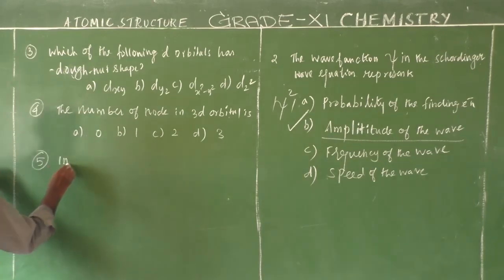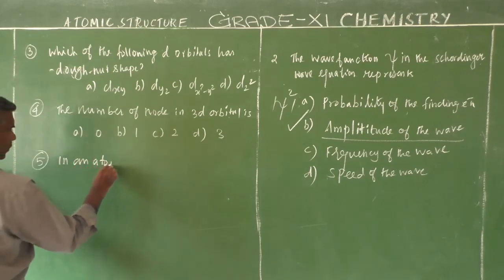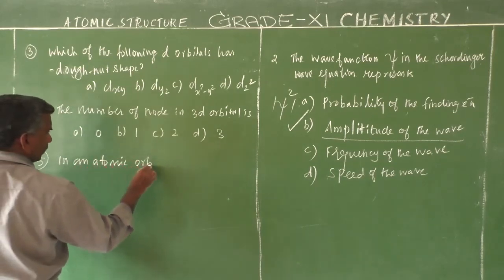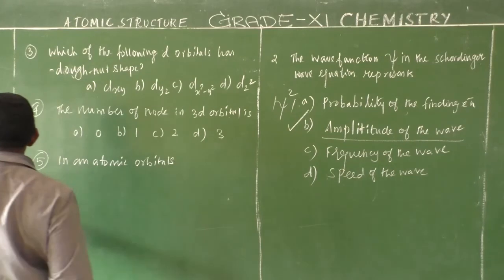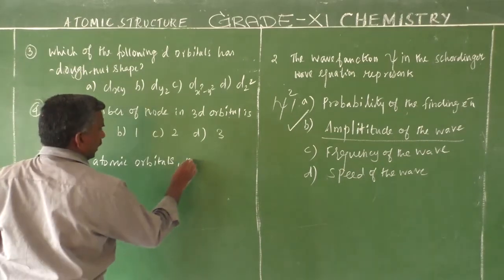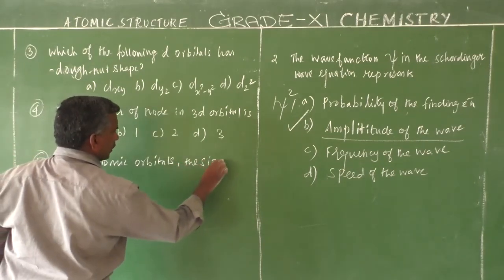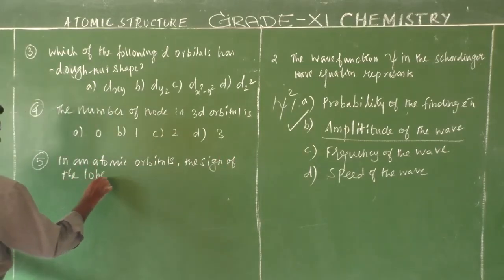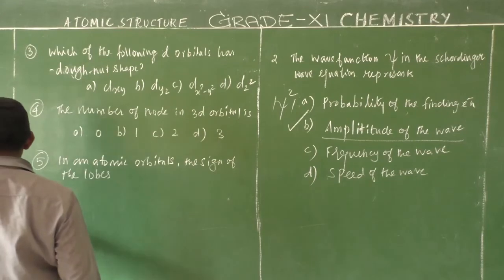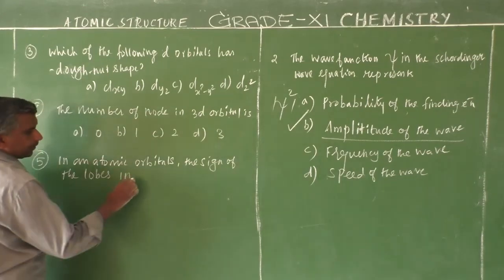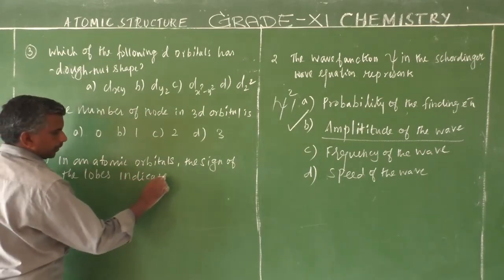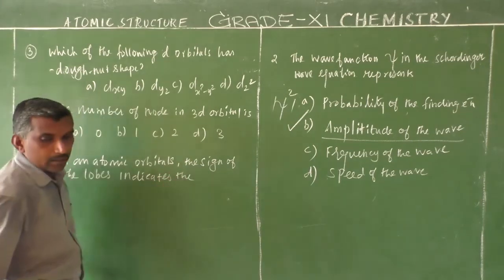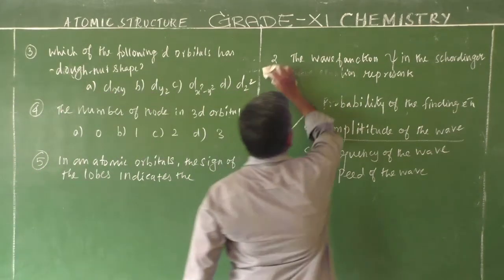Fifth question: in an atomic orbital, the sign of the lobes, positive sign or negative sign of the lobes, indicates which of the four options is right.